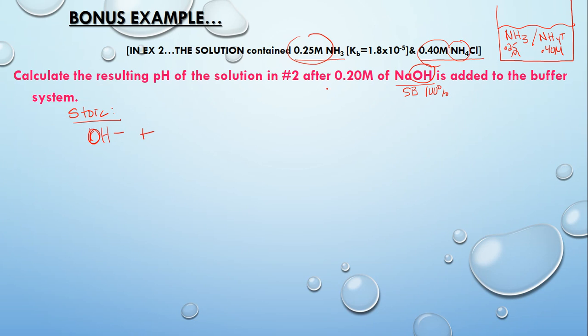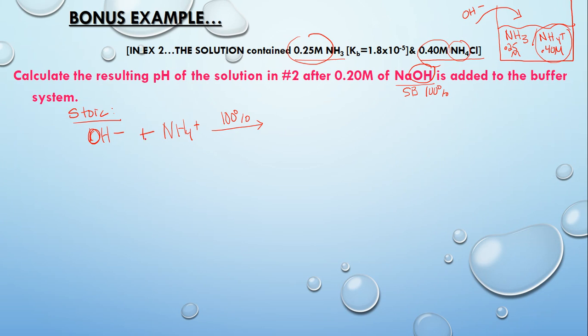And what's going to happen is when you put the OH in this buffer system, think about what's going to attack it. What is going to consume it? Well, since OH is a base, it's going to get consumed by the acid, which is the ammonium ion. So the ammonium ion is what you're going to write down here, NH4 plus. For the stoichiometry, you're going to assume it 100% reacts, and I'll explain what that means in just a second with the icing of the problem.